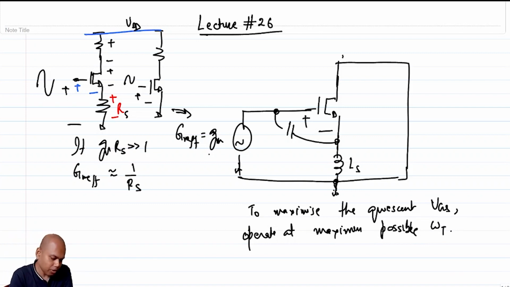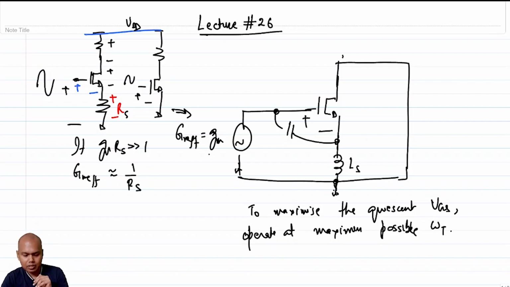Because in order to get to maximum omega t, you are essentially saying that I am trying to get as much GM as possible with the smallest value of CGS, right? When you say the smallest value of CGS, it means the smallest value of W by L, or W times L, if L is fixed, right? So for the smallest value of W, you are trying to get maximum GM. The only way you can do that is by increasing the VGS, right? So that translates to having biasing at maximum possible omega t.